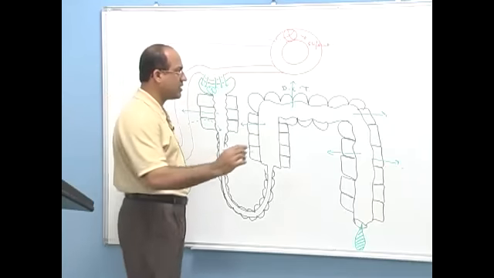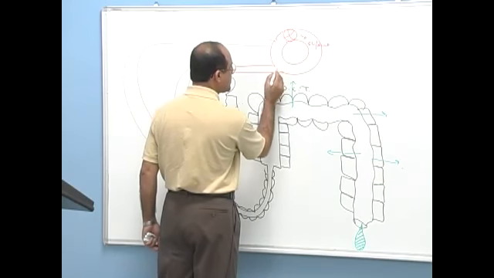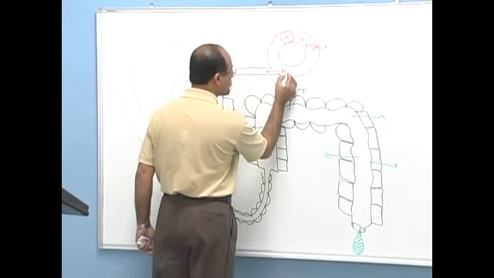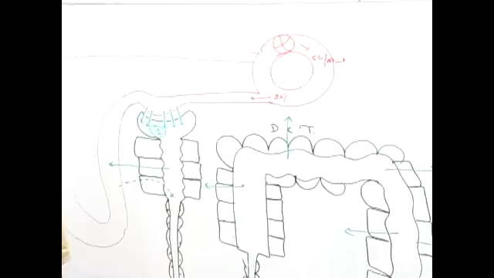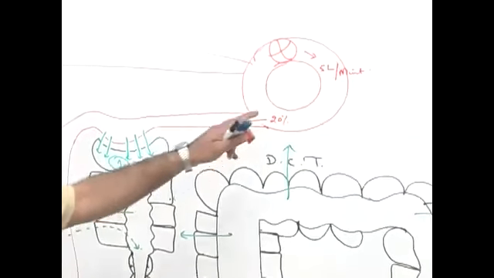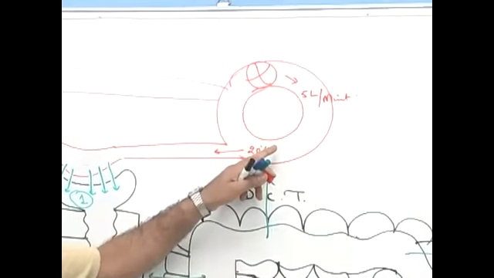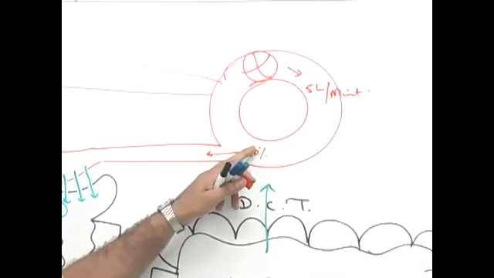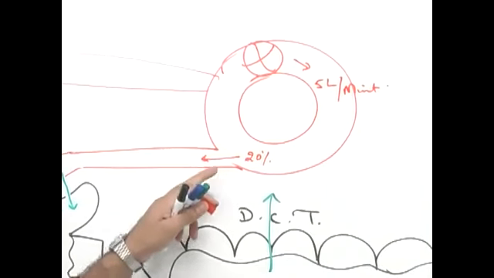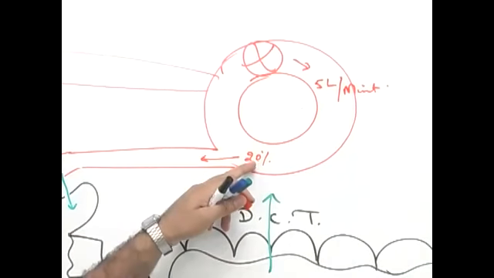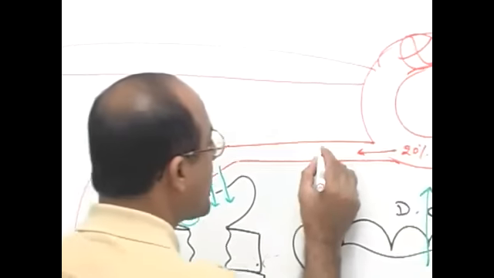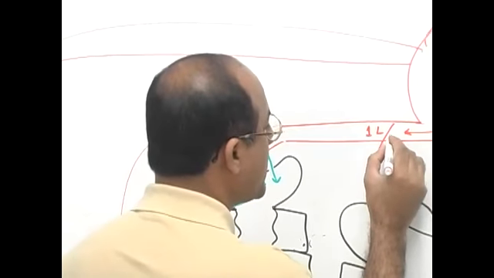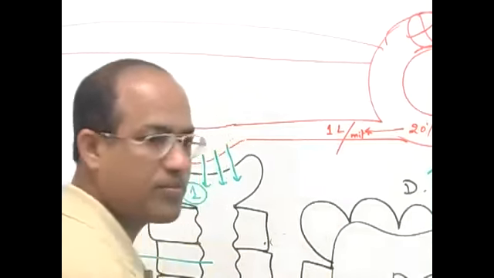Out of this 5 liters, we say 20 to 25% goes to the kidneys. It means whatever blood is being pumped out of the heart, about 20 to 25% is going to the kidney. If we take 20% of the 5 liters, how many liters should it be? 1 liter per minute.